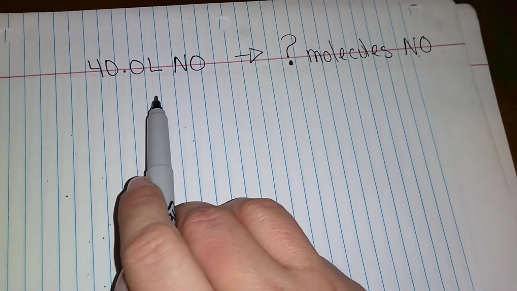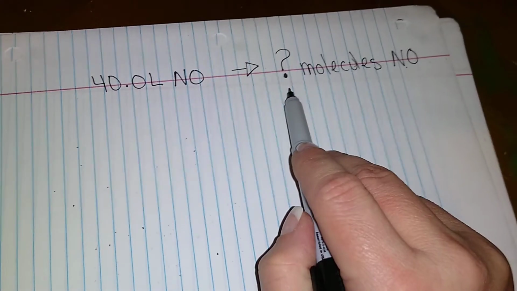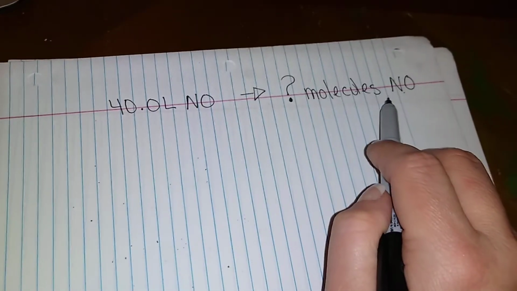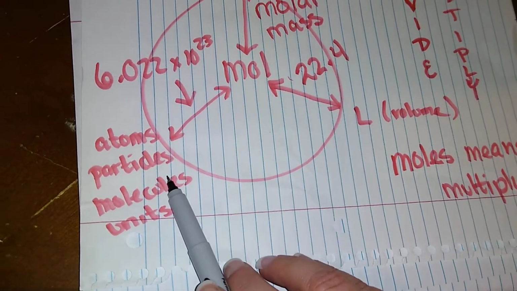We look at what we're given. We write down the problem first, and we are told that we are given 40 liters of nitrogen monoxide. Then it asks us how many molecules are in that container. So we have to figure out how to get from liters all the way to atoms.